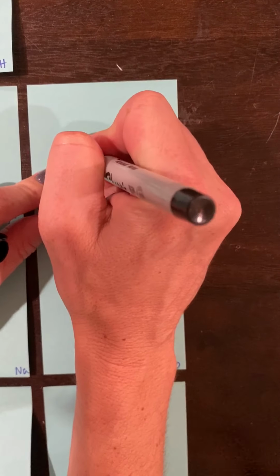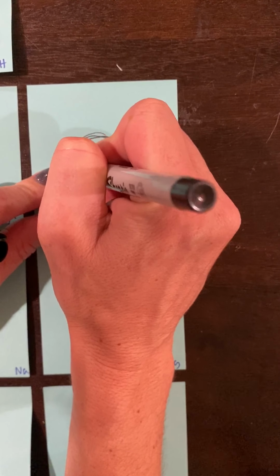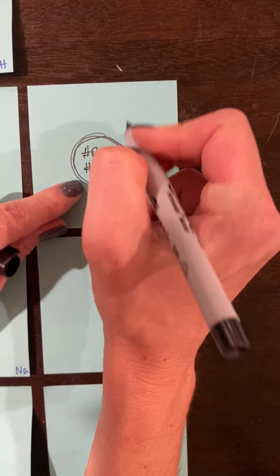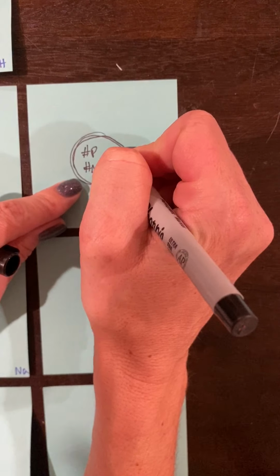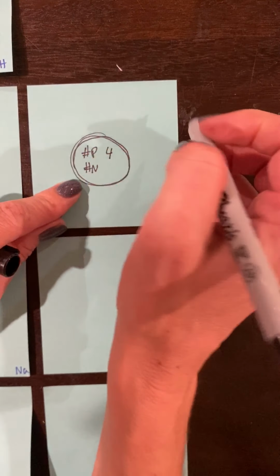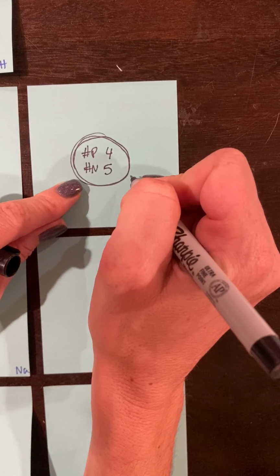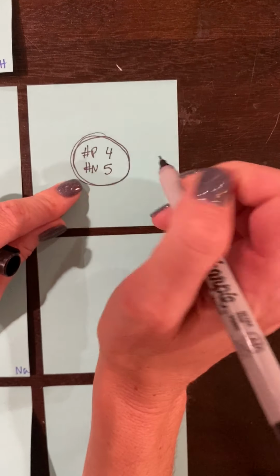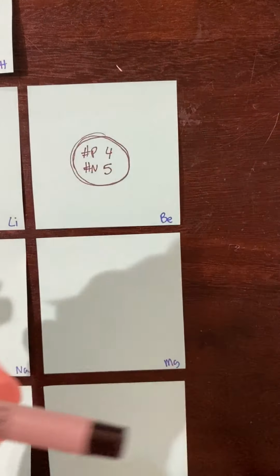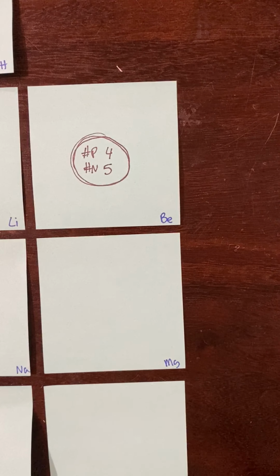Right, inside my nucleus, I have my protons and my neutrons. My atomic number tells me that I have 4 protons. If my mass is 9, that tells me that my number of neutrons is 5. 4 plus 5 gives me 9, an atomic mass of 9.